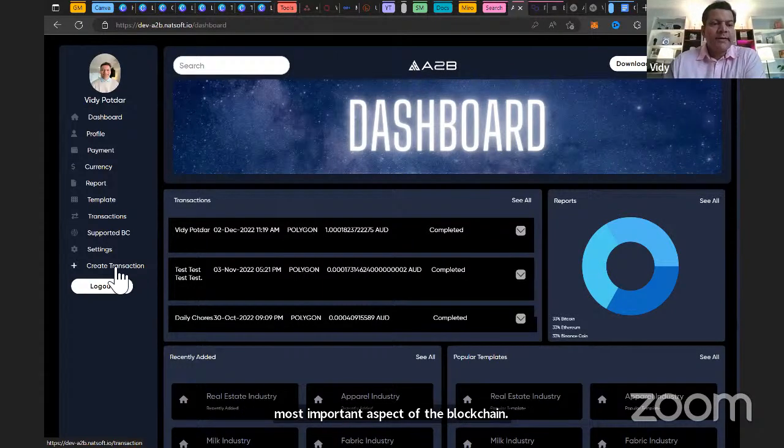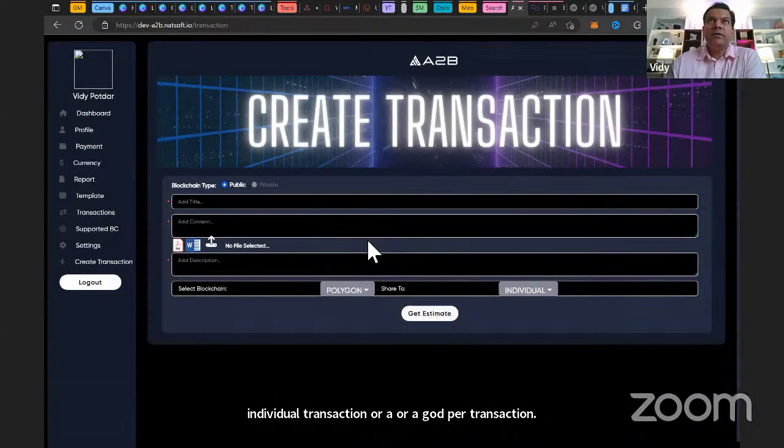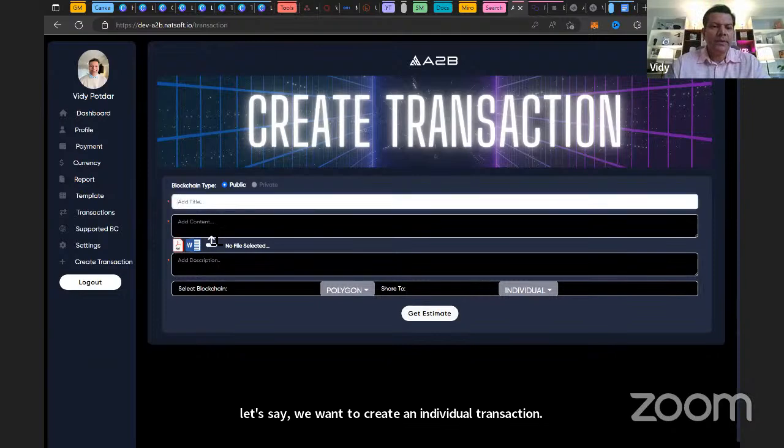Right. To create a transaction, we click on the create transaction button. It is now asking whether you want to create an individual transaction or a corporate transaction. Let's say we want to create an individual transaction. Here it is asking you to put the title of the transaction.